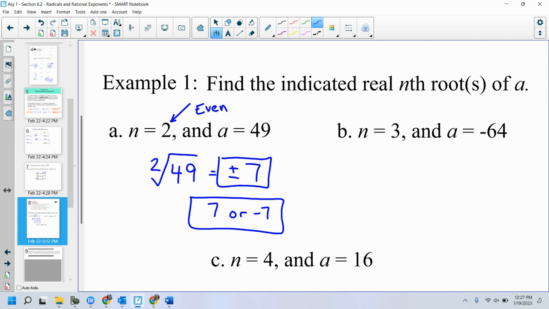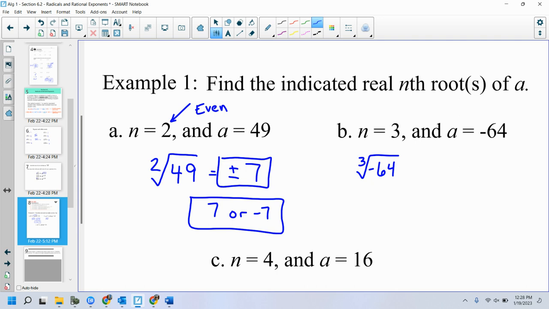Now, let's take a look at the third root of -64. Put that in your calculator and do it. -4. You've been trained like robots to say, oh, you can't take the root of a negative number.